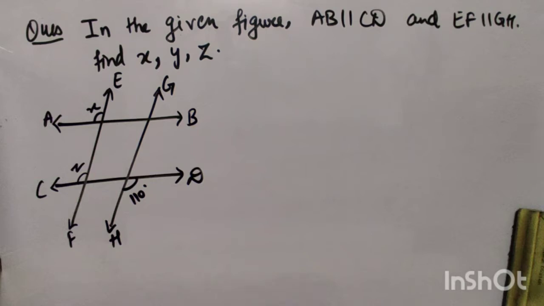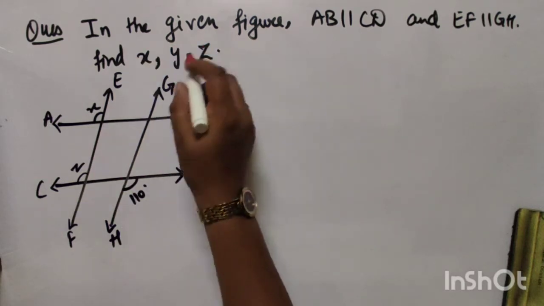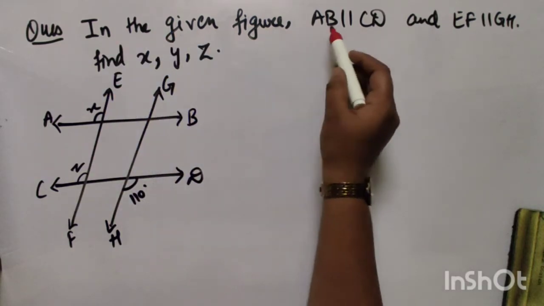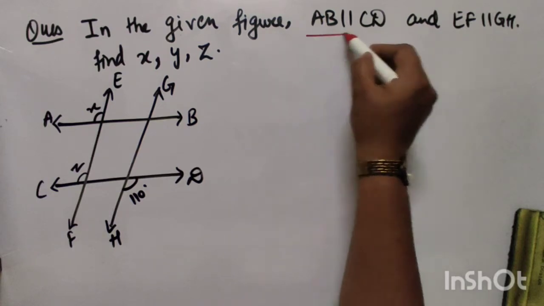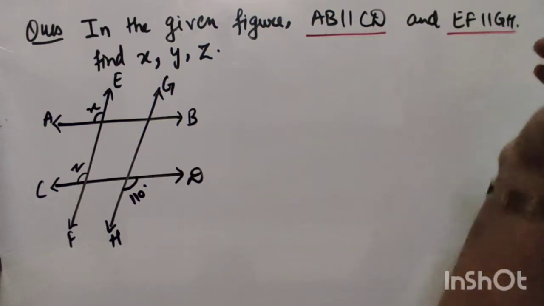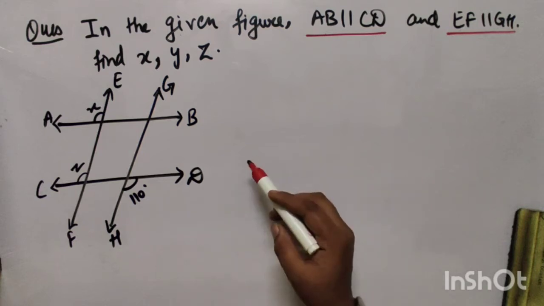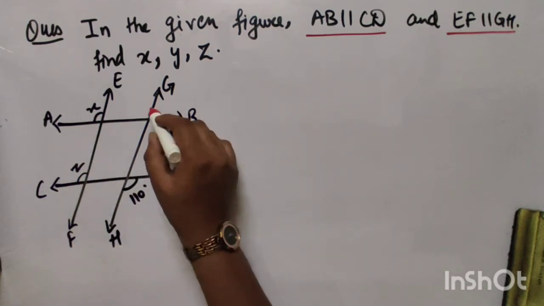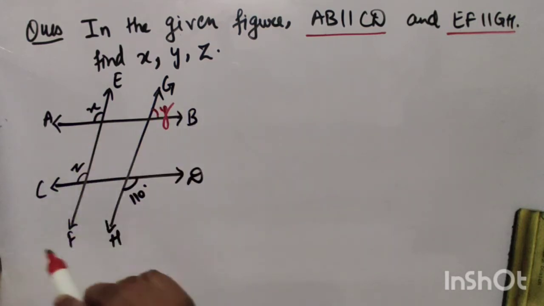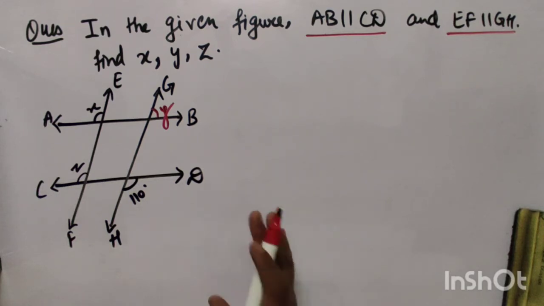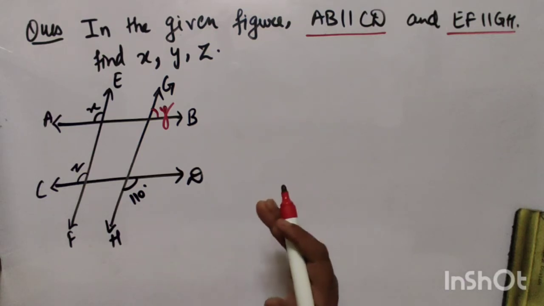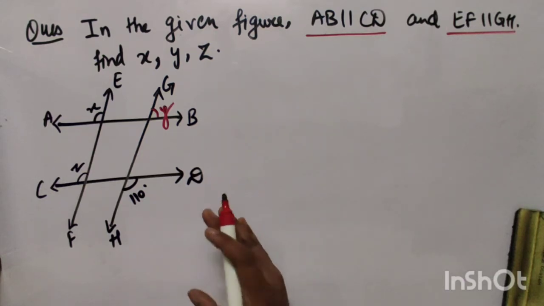In this question, children, what is given? In the given figure, AB is parallel to CD and EF is parallel to GH, and we need to find the values of X, Y and Z. First of all, we have to be clear in our mind which side is parallel to which, and the best way is to mark or highlight it with a different pen.